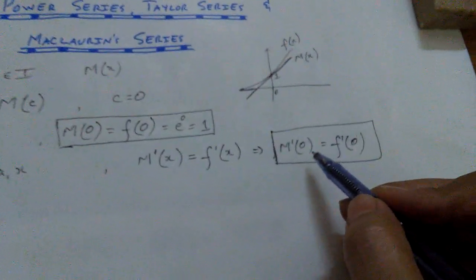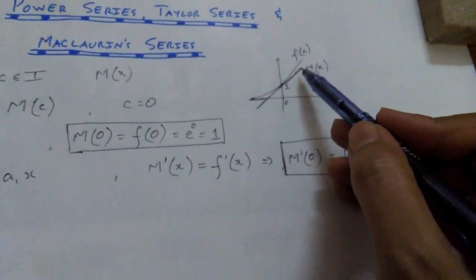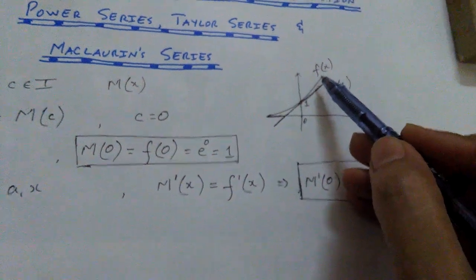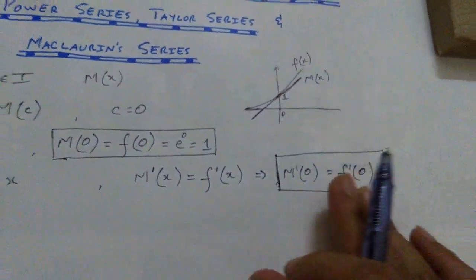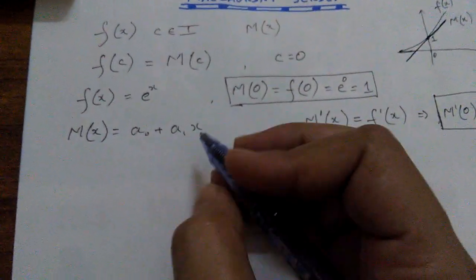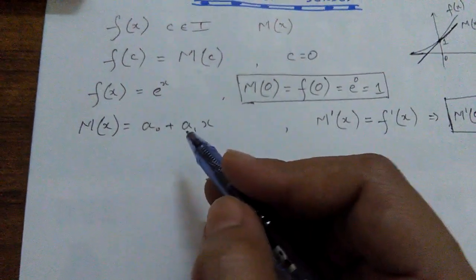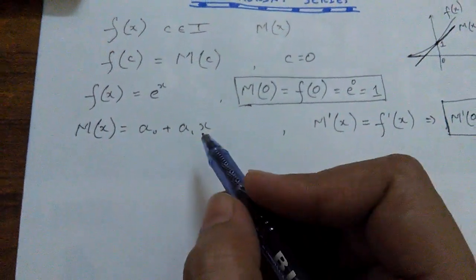Another condition is that the slope of this polynomial and this function f of x at a certain point c equals 0 should be the same. Now we move on and try to find the values of a0 and a1.